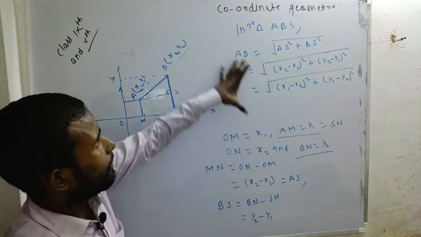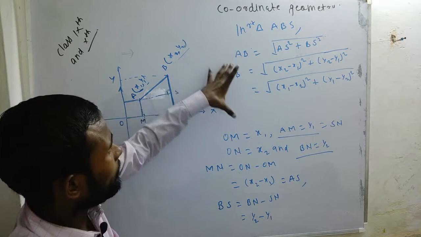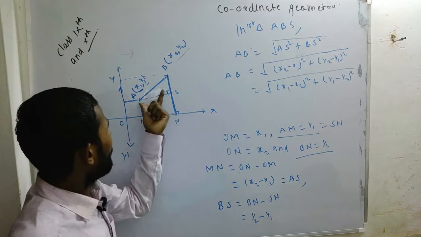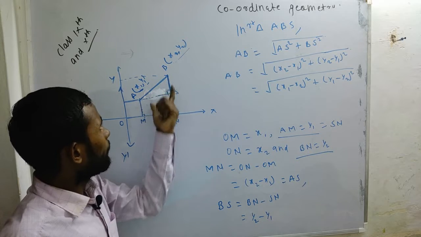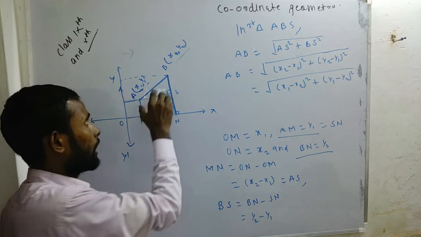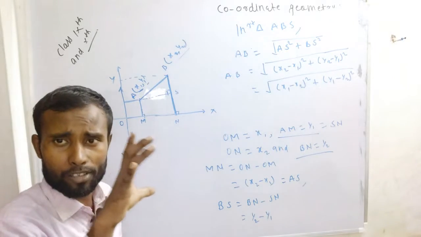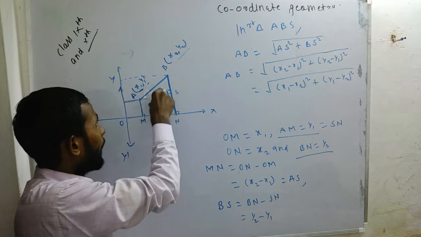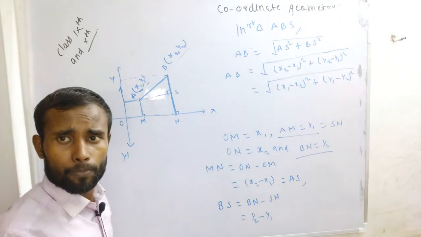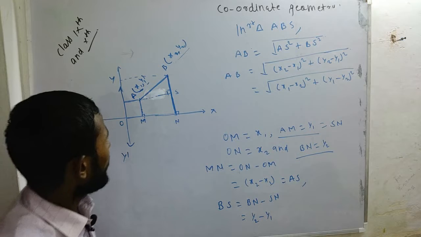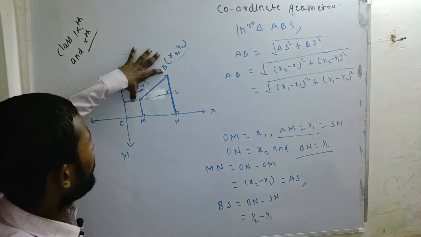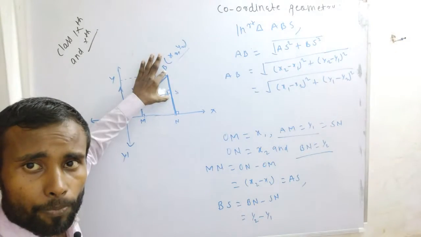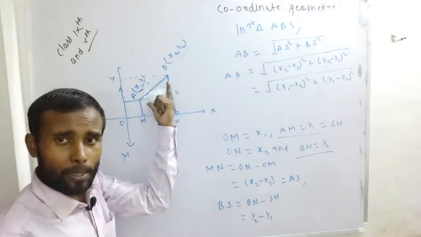I think this is so simple, but in this video mainly we have to describe the distance formula and section formula. Here our goal is to find the distance from A to B. If we know AS and BS, then we can easily determine the distance AB.